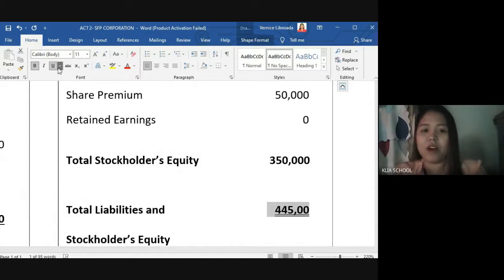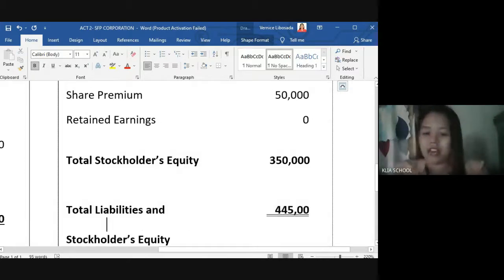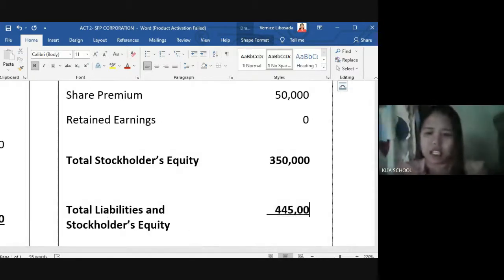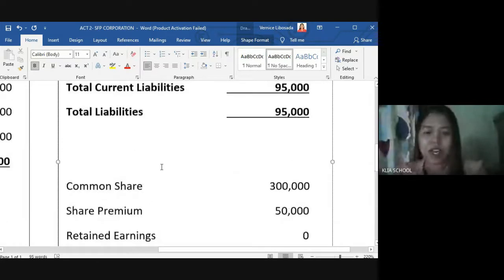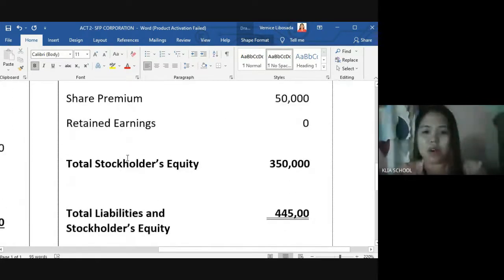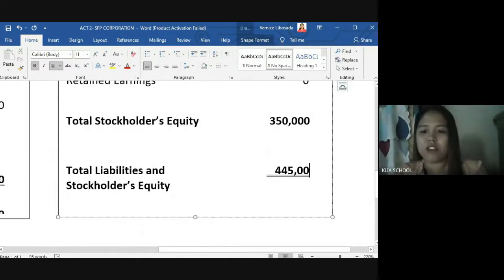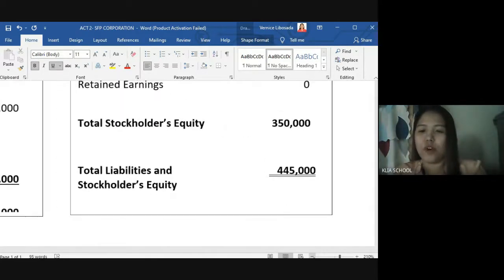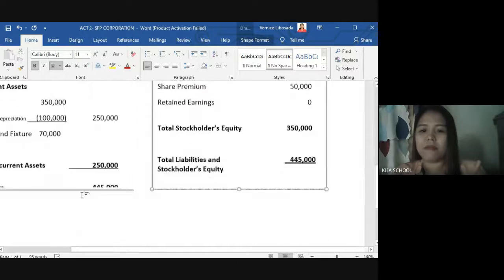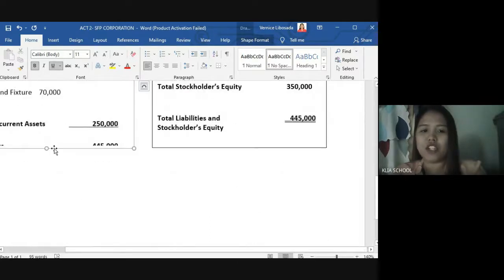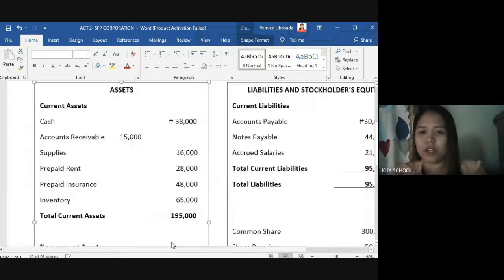So, this will be our last step or our last activity under SFP. So, 18, 19, 20, 21, 22 points for total stockholders' equity, and then 23 for 445,000. Okay. So, for the summary, this will be the balance sheet or statement of financial position of your corporation.